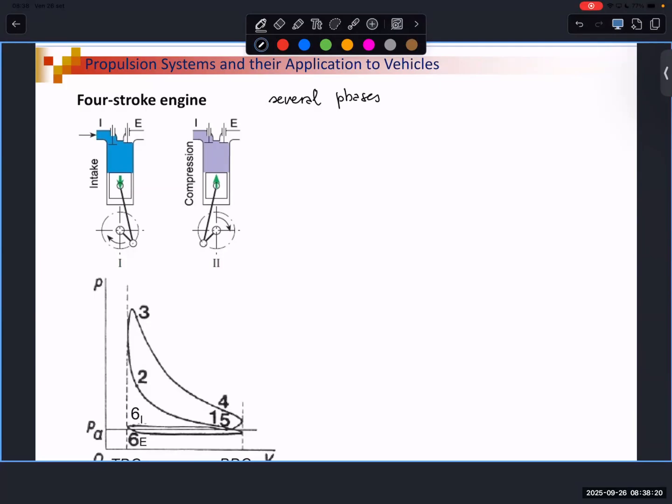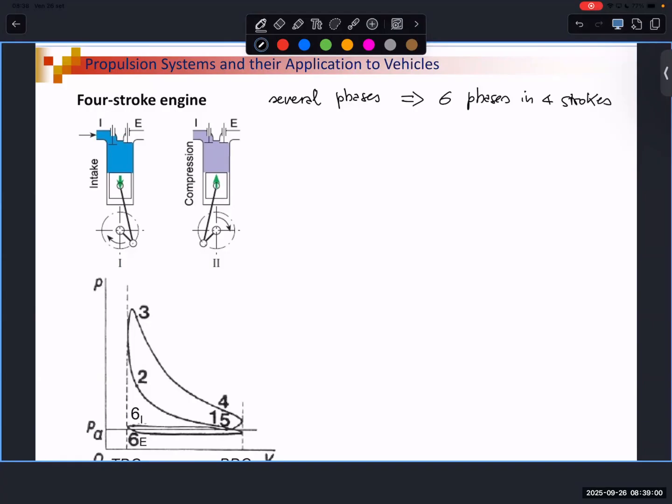Generally, you find in technical books four phases, but this is not correct from a phenomenological point of view. It sometimes also depends on the book that you are reading. Let's talk about scientific books and not technical magazines. I prefer to consider 6 phases, but sometimes you can also find 5. So we will discuss 6 phases in 4 strokes.